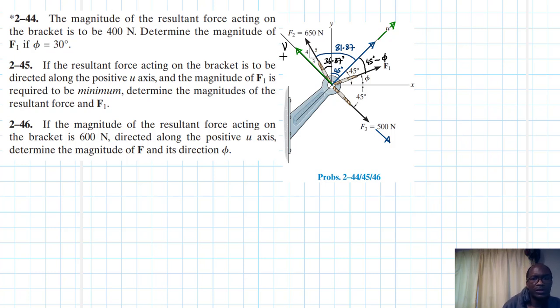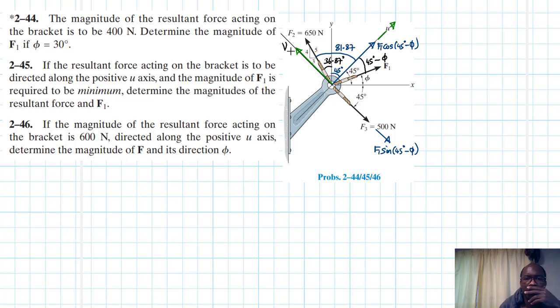So let's label this. This is just going to be equal to F1 cos(45 minus 5). Then this one will be F1 sin(45 minus 5).